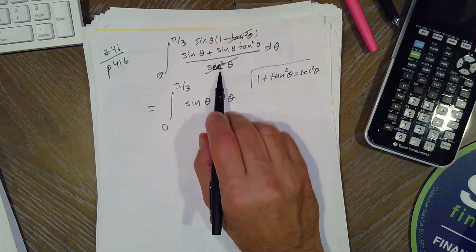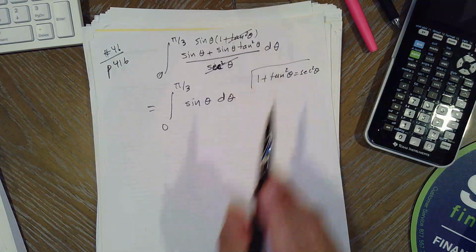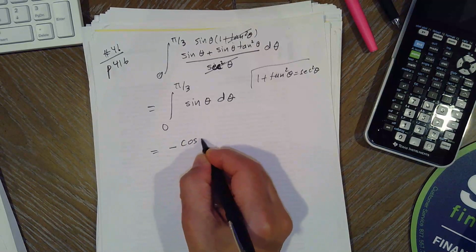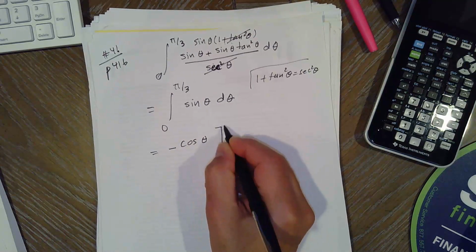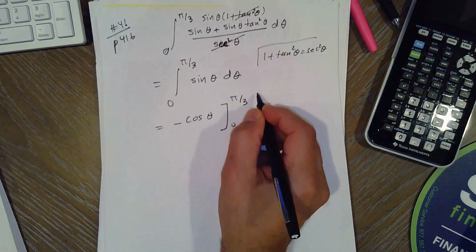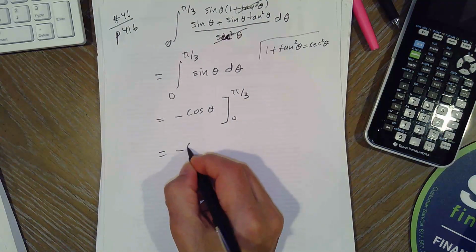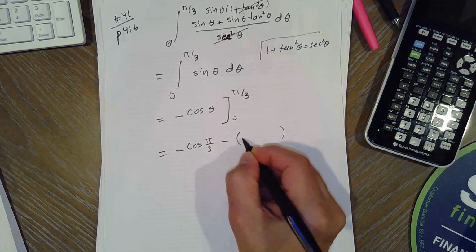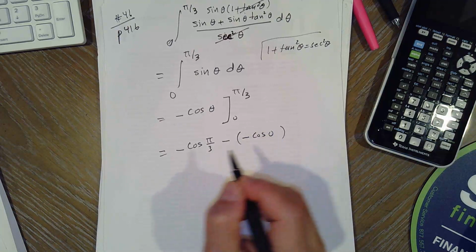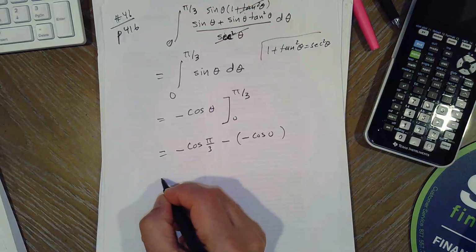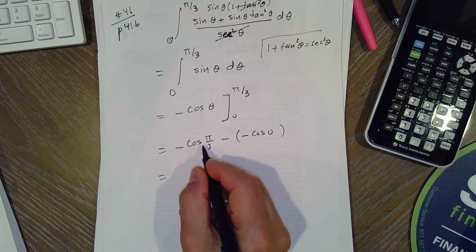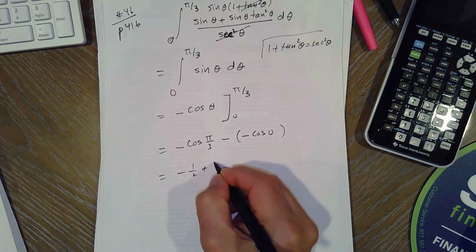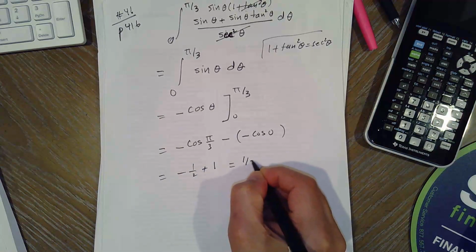That's why I could cancel out secant square with 1 plus tangent square. And the integral of sine theta is negative cosine theta between 0 and pi over 3. We put the upper limit first, negative cosine pi over 3 minus negative cosine 0. So cosine pi over 3 is 1/2, negative 1/2, and then plus cosine 0 is 1, so this is just 1/2.